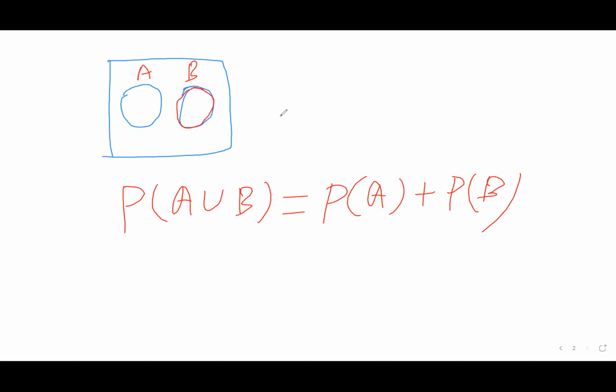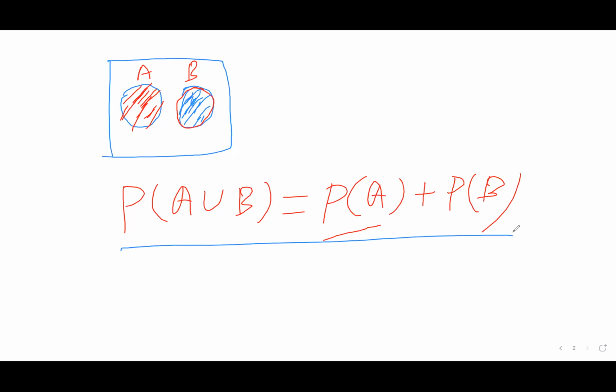No, because A and B do not have any common part. When I'm writing probability of A, I'm just considering this area, and when I'm writing probability of B, I'm just considering this area. So if we add these two probabilities together, we are not adding any area twice. That means this formula is correct.